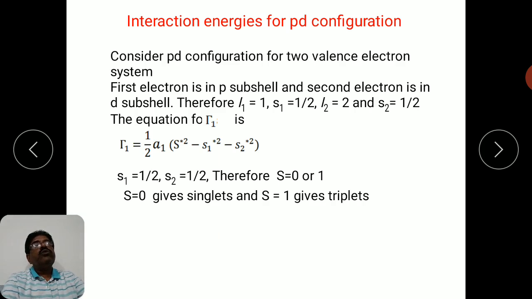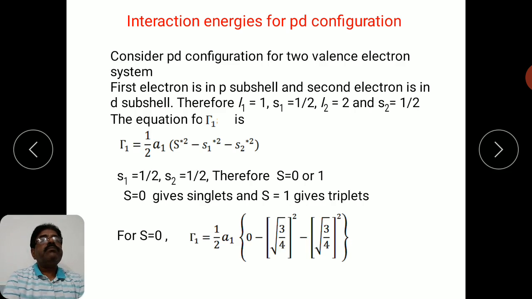So when S is equal to 0, what does it indicate? It indicates that the two spin momentum vectors are opposite to each other and equal in magnitude. So S1 is half, S2 is half, therefore S is 0 or 1. S equal to 0 gives the singlet, and S equal to 1 gives triplets. That is the special comment about the particular terms involved here.